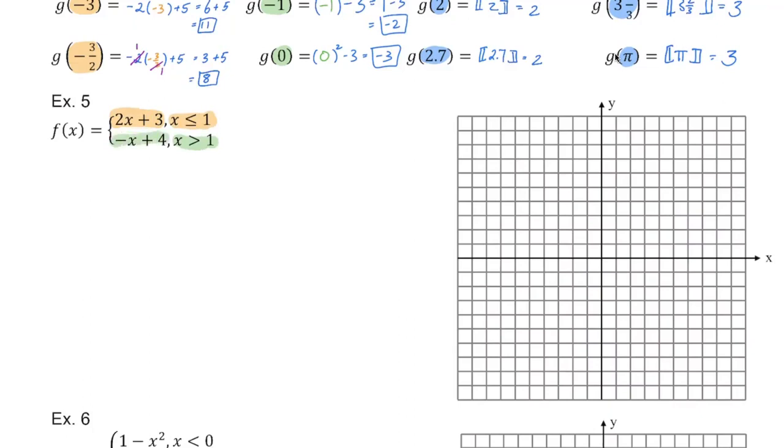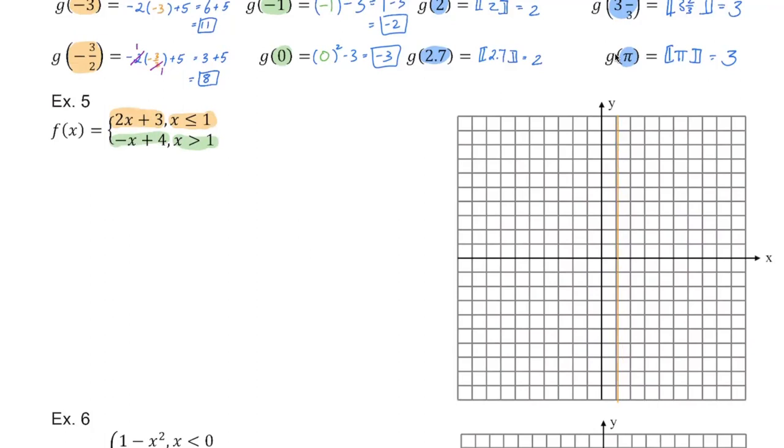Now I want you to imagine that you look at the graphing area on the right. It is almost like you are going to separate the graph into two different regions.